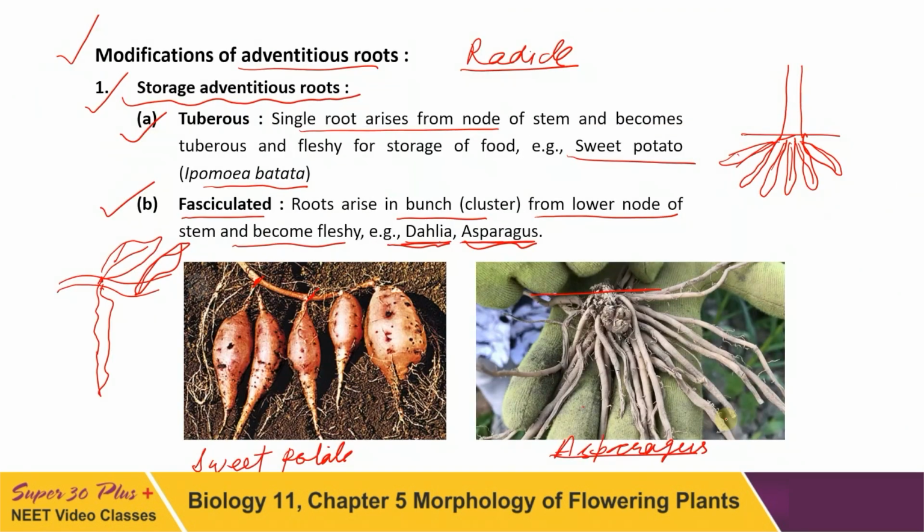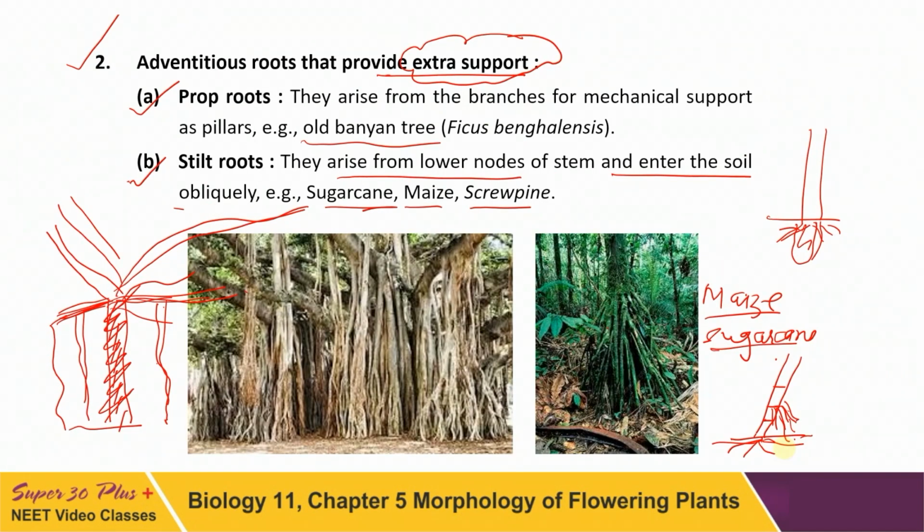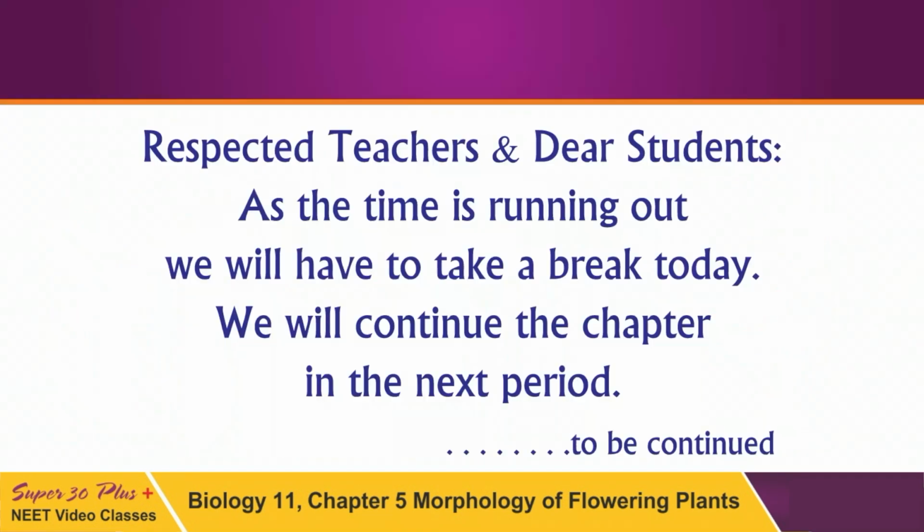Modification of adventitious root includes tuberous root, and the fasciculated root I told you right now. And the last one is to provide extra support: prop roots are found in case of banyan tree, and stilt roots are found in case of sugarcane, maize, and screw pine. This is all for part first.